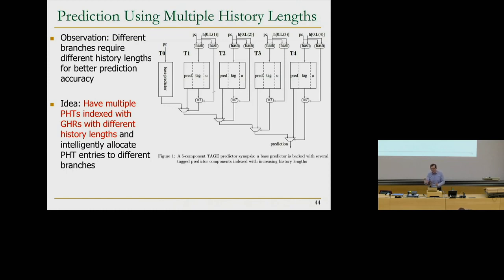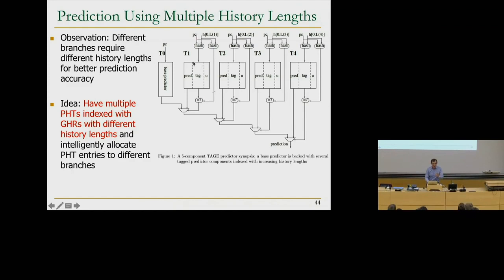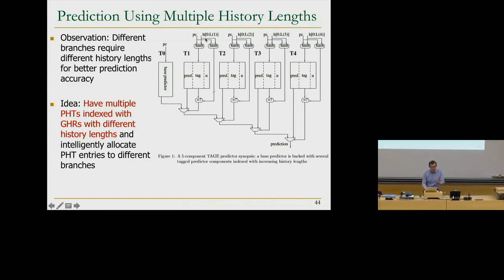It looks like this. This is a simplified version. So for example, this is an example where you have a base predictor. You don't use history here. You just use the program counter. Another predictor uses a short history. And there's a lot of hashing that goes on. And you don't just have an index of 2-bit counters, but you actually allocate these 2-bit counters to these different histories. And then the next predictor has another longer history.